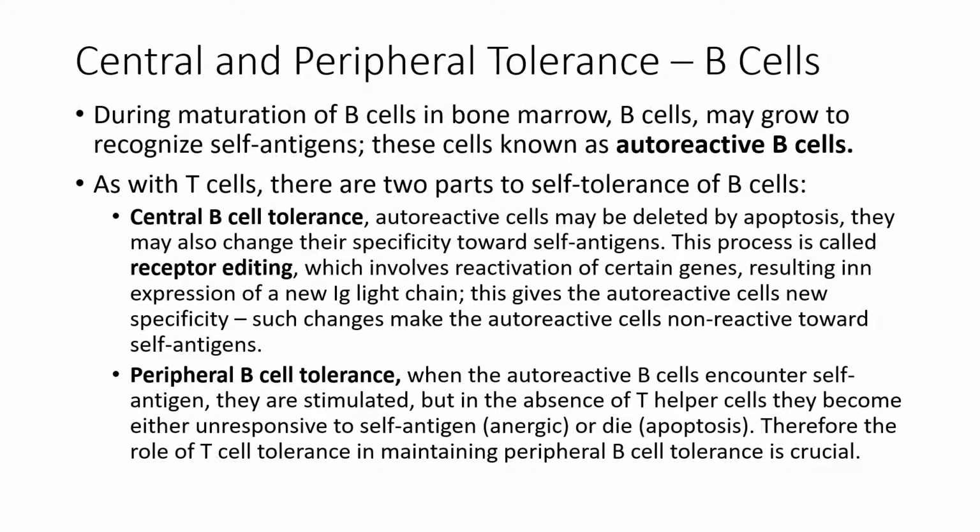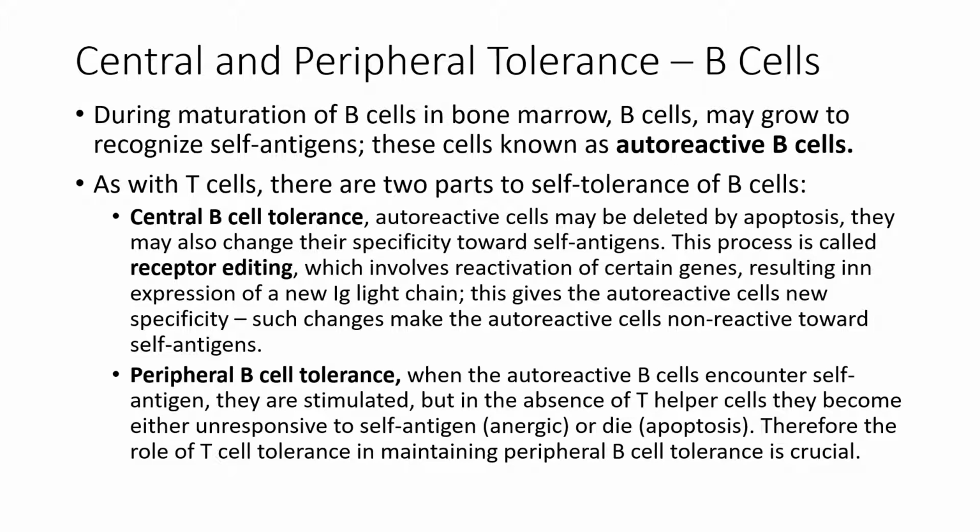As with the T cells learning to be self-tolerant, the B cells go through a similar process. We know that the T cells are named T because they mature in the thymus, and the B cells, the bone marrow. With the B cells, we go through the same type of process, but in this case, B cell tolerance involves apoptosis of the receptor.